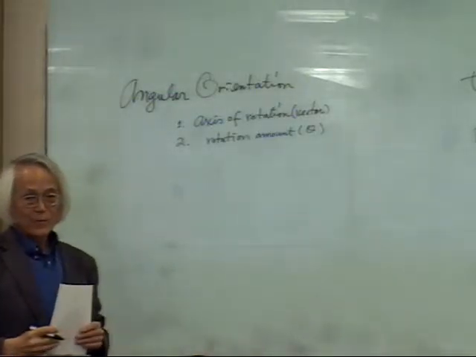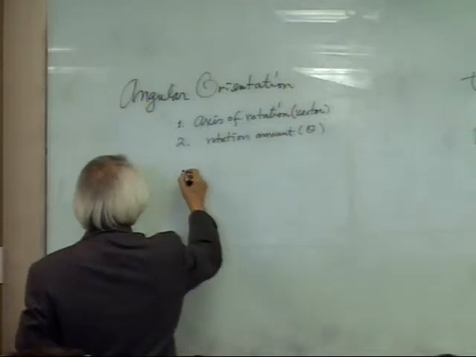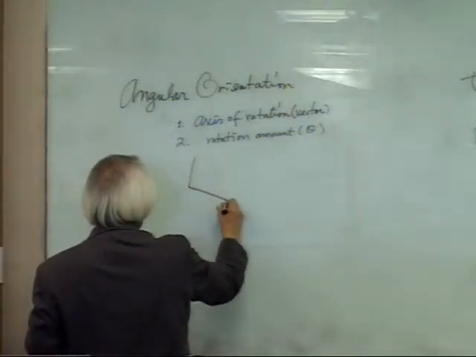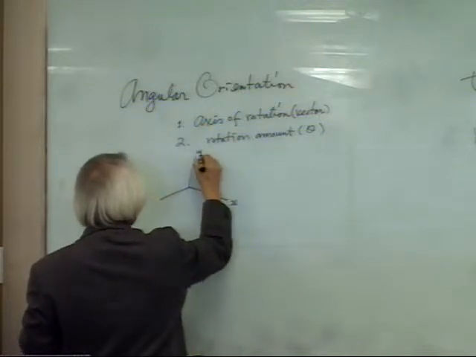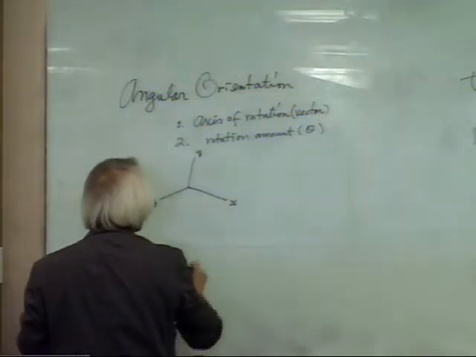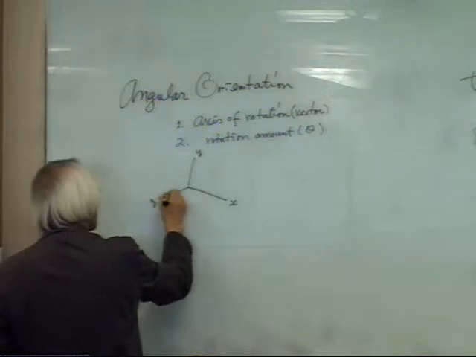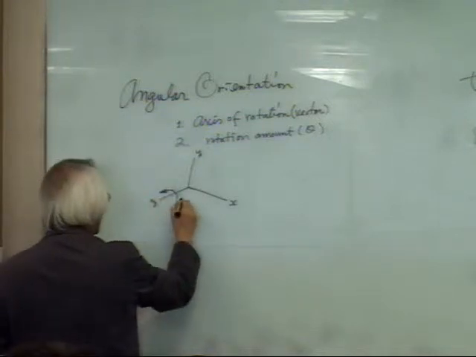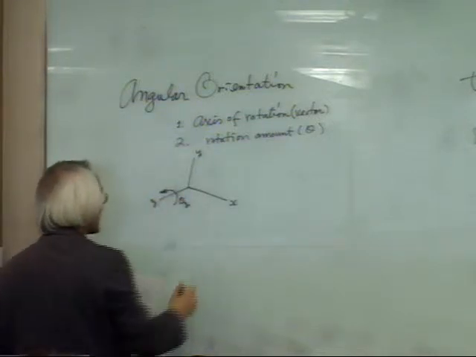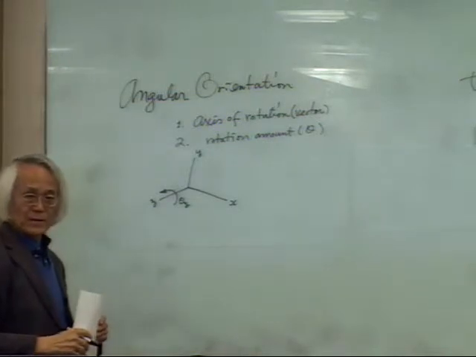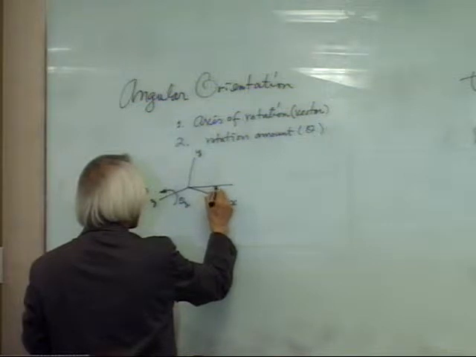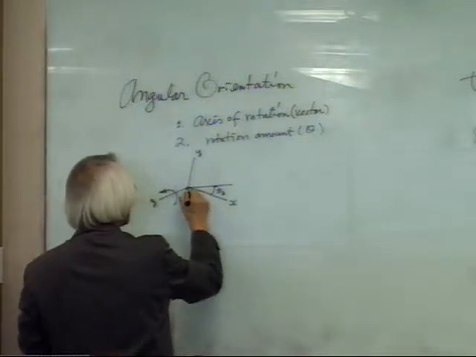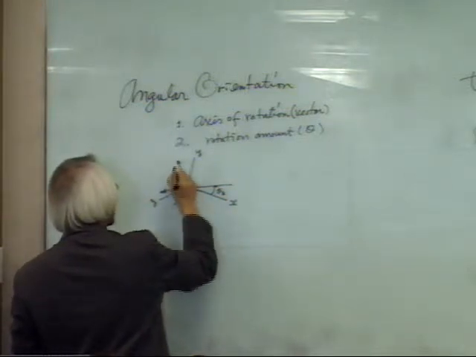All right? So let's take the simple example. So that's XYZ. Suppose I rotate the K axis by theta K amount, this guy will go around that part.